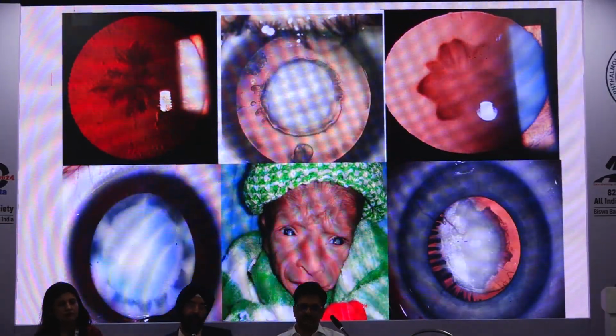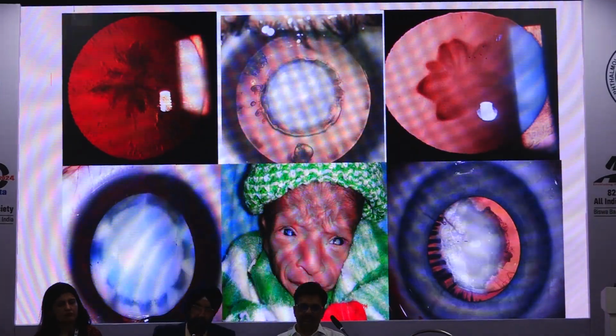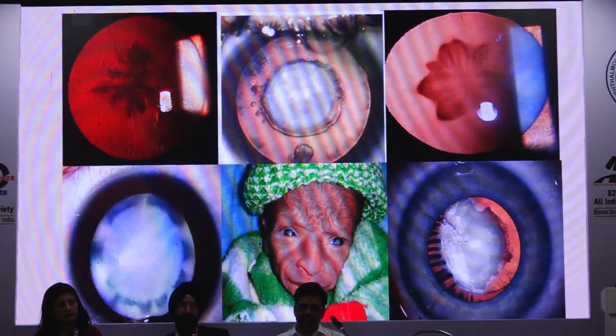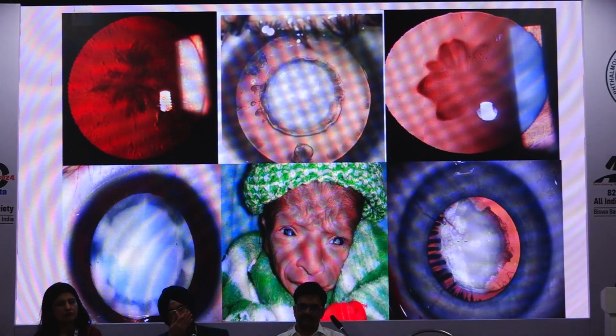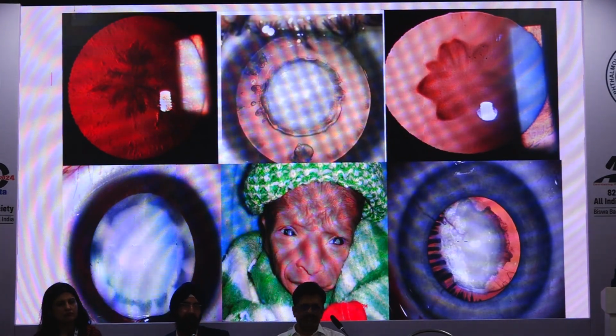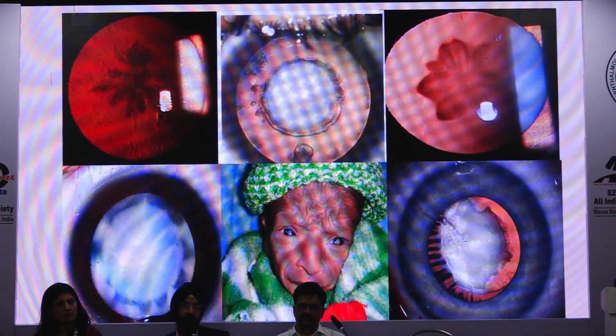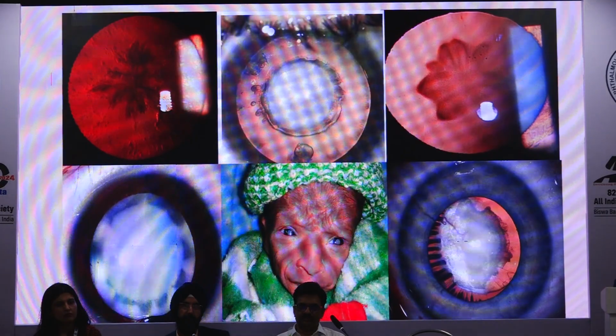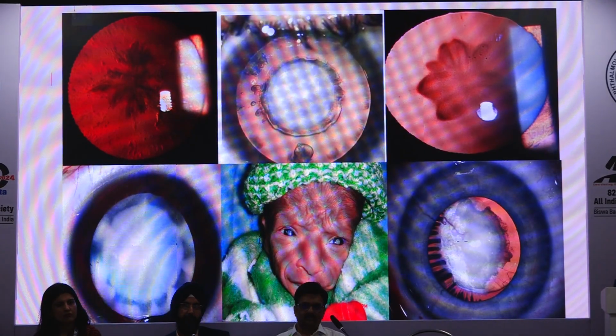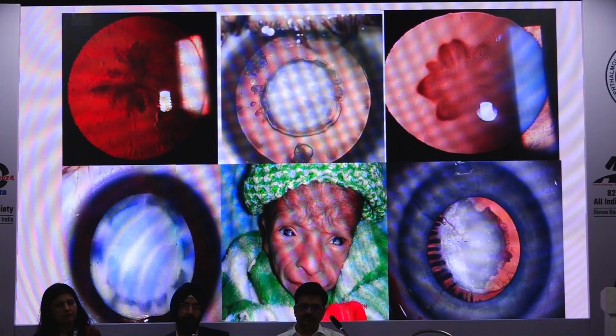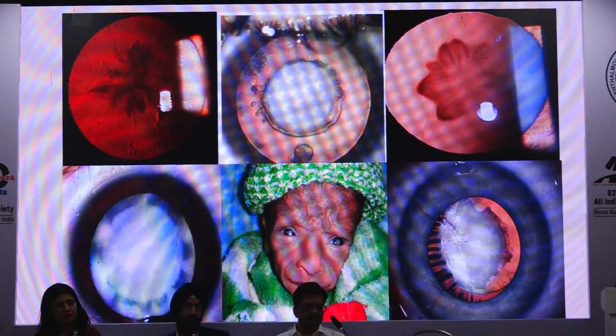Each of the child which you operate, it is better to dilate the pupil, because dilatation will tell you what is the type of cataract, whether it is a zonular cataract or whether it is a posterior lenticonus or it is a PHPV or persistent fetal vessel or any other problem of dilatation.